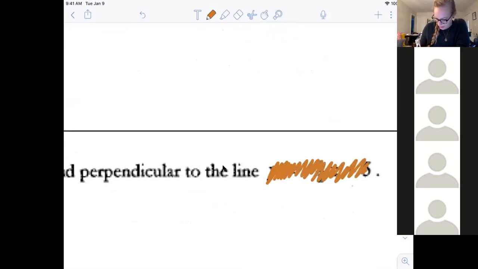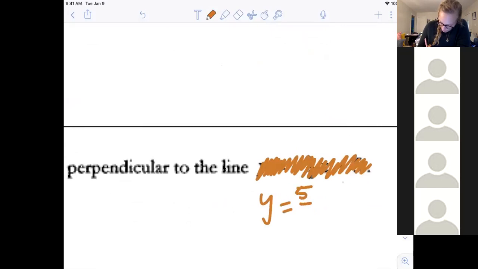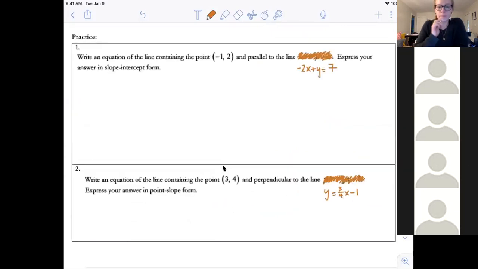I'll write this as y equals 3/4 x minus 1. So I'm going to leave the points the same. I'm not changing these, but I just changed the equation that we're parallel to or that we're perpendicular to. All right, we're going to do the first one together.